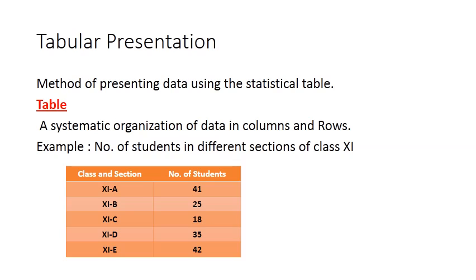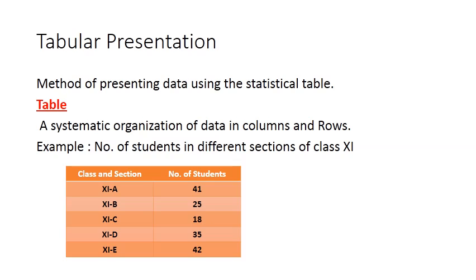Now I need not read that text to come to know the number of students in different sections. When I see this table, it is easy to understand how many students are in different sections. So it is easier as compared to textual presentation.